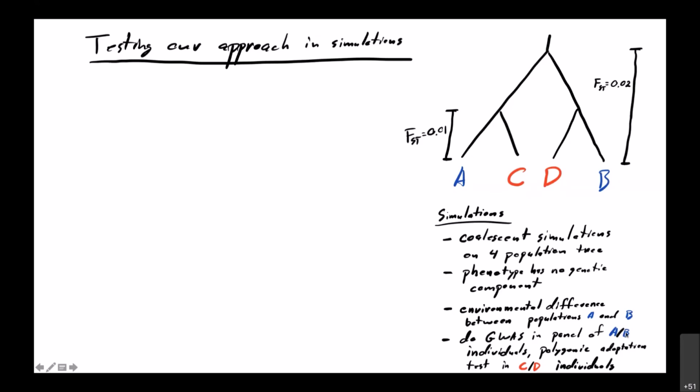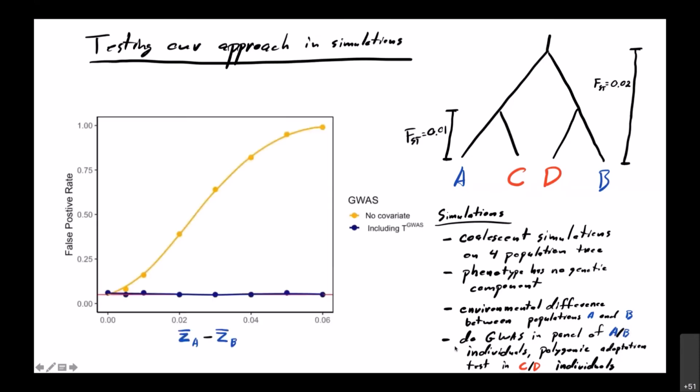We do a GWAS in panel AB, a panel of individuals composed of A and B, and we do our polygenic adaptation test in C and D individuals. If we don't control for population structure, as the difference between the two populations increases, we get a higher and higher false positive rate in our polygenic adaptation test.